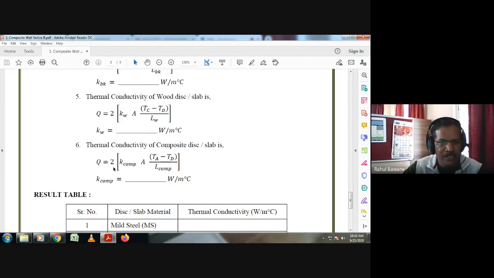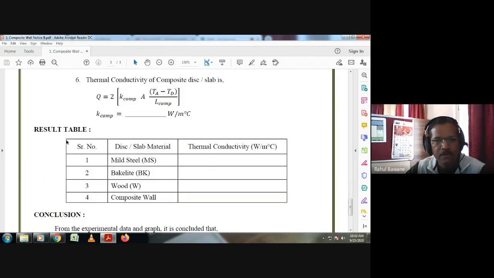So twice K of composite wall, that is the thermal conductivity of the composite wall, cross section remains the same, and overall temperature difference for the composite wall, TA minus TD, divided by dx of the composite wall, that is the length of the composite wall. From this we can identify the thermal conductivity of the composite wall.